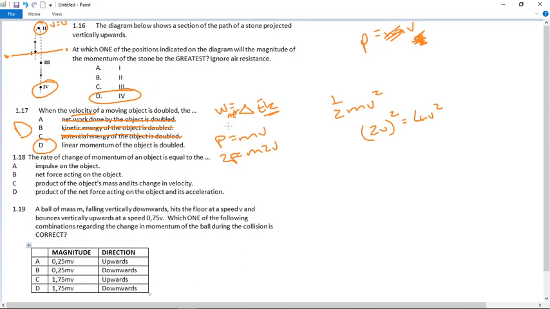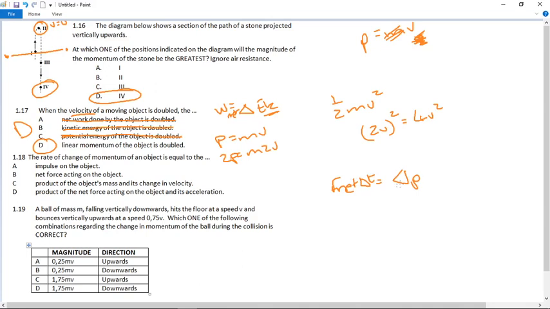Now this one here is a definition. The rate of change of momentum of an object is equal to. So change of momentum is impulse, which we call delta P. So we have a formula that says F net delta T equals delta P. It is on your data sheet.